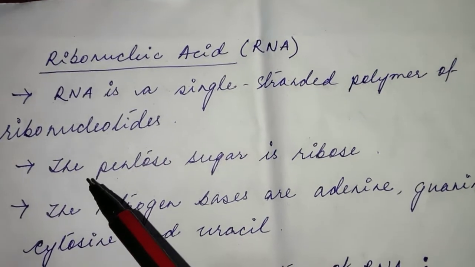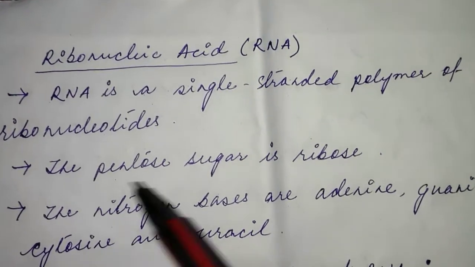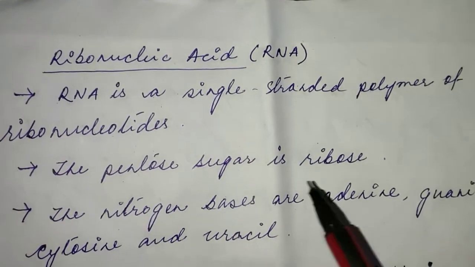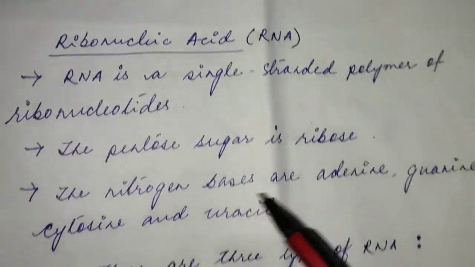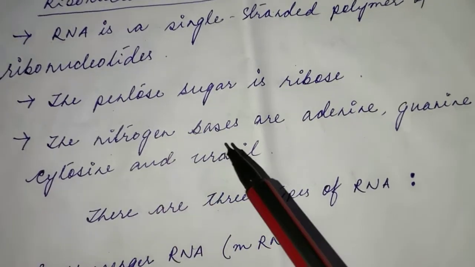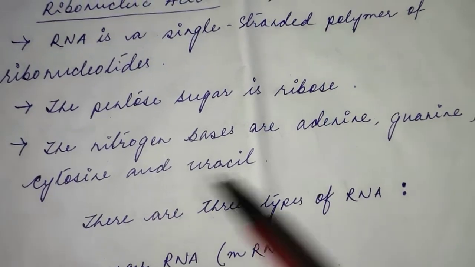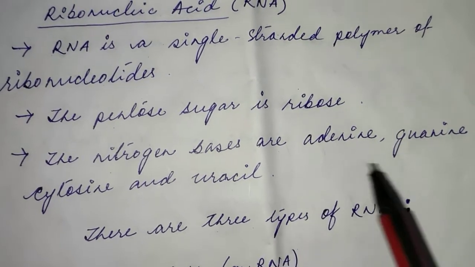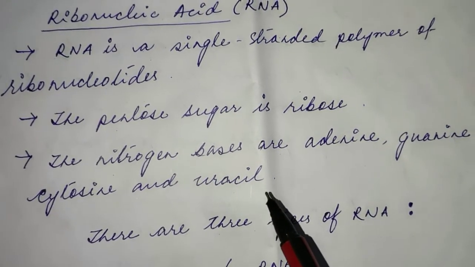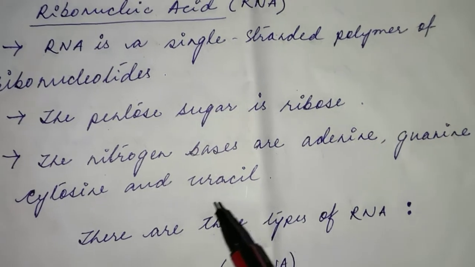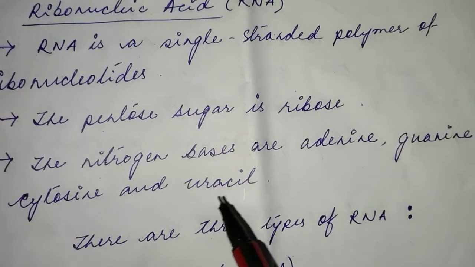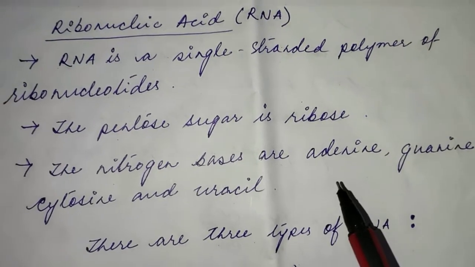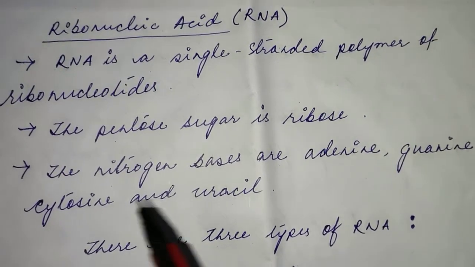So here in RNA, the pentose sugar is ribose, but in DNA, the pentose sugar is deoxyribose. The nitrogen bases are adenine, guanine, cytosine and uracil. So these four nitrogenous bases are found in RNA, but in DNA, in place of uracil, thymine is present. That means the nitrogenous bases found in DNA are adenine, guanine, cytosine and thymine.